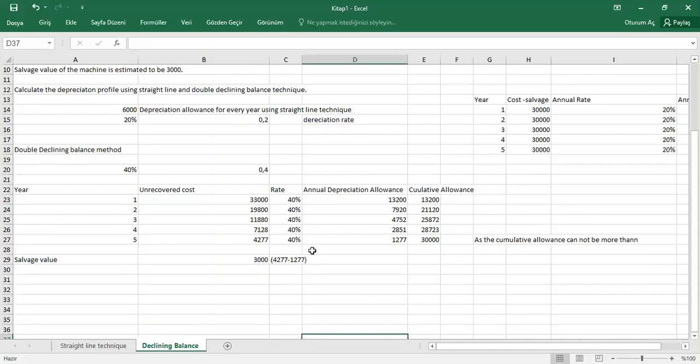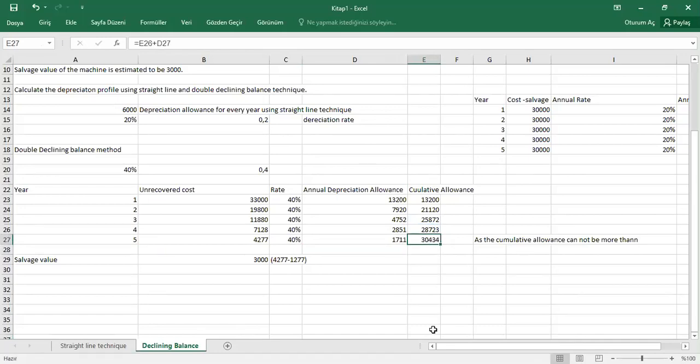Okay, based on the 40% calculation, it exceeds. This cumulative allowance exceeds, and your salvage value will be much less than whatever you have to have in the end. So you have to consider your salvage value in here to be able to make it more realistic, actually. Okay, so if you only take 40% of that money, and if you try to make the cumulative plus this, what will happen now?